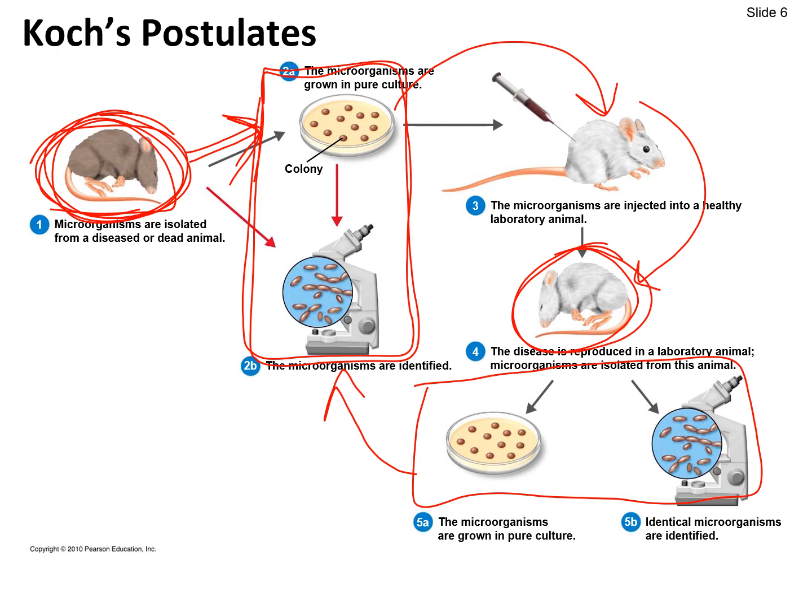And when you take that microbe and expose a healthy organism to that microbe, that healthy organism must develop exactly the same disease as the originals. And at the very end, from that test organism, you have to be able to identify exactly the same microbe.